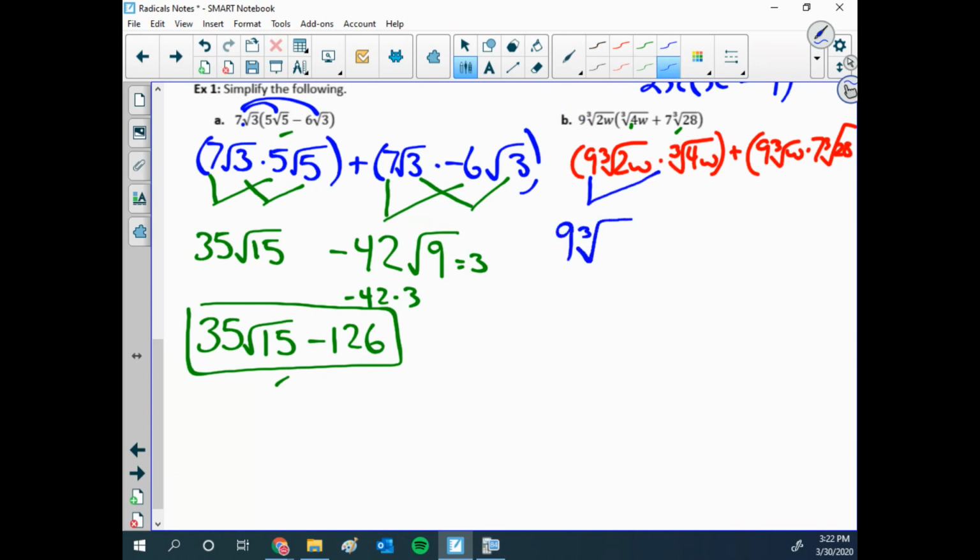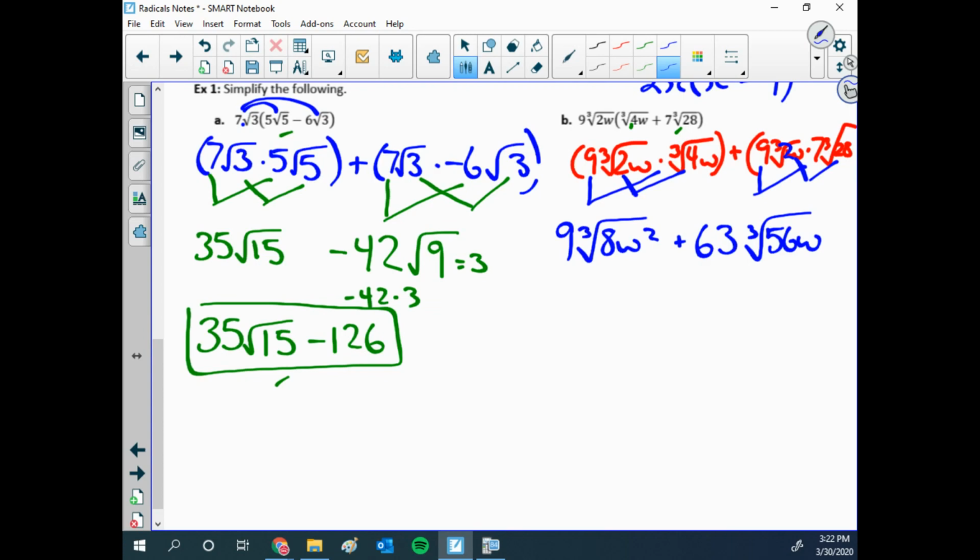Cube root of 2w times 4w is going to give me 8w squared. And I'll do the same thing here. 9 times 7 is 63. So plus 63. And w times 28, or sorry, times by 2. I missed my 2 here. Times by 2w times 28 is going to give me 56w.